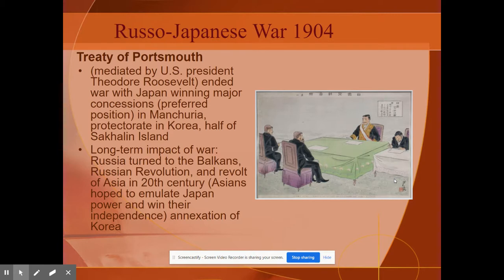Now, the problem with this is Japan now sees itself as a Western power. The problem is it's the only one that sees itself as a Western power. It's going to go into World War One thinking it's going to be treated as a player, and as it rapidly is industrializing, it has a population boom. There are more wars, so the population increases, and it's an archipelago.